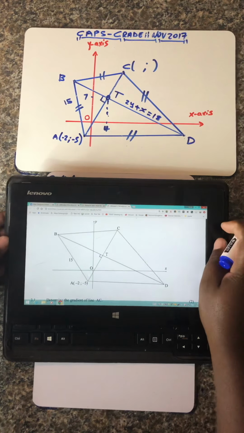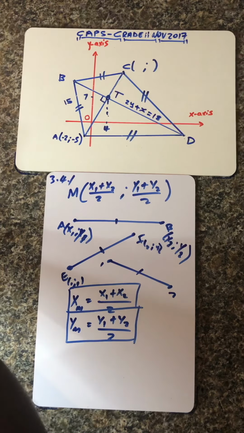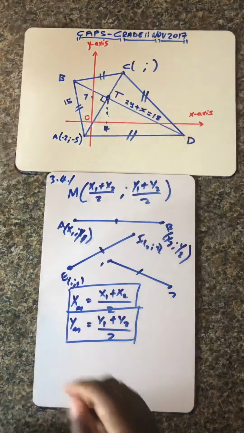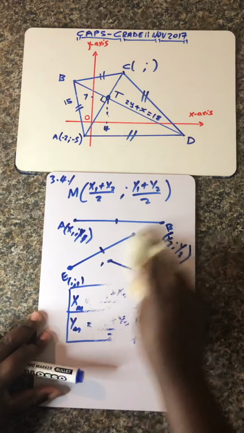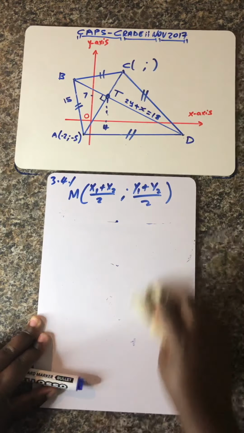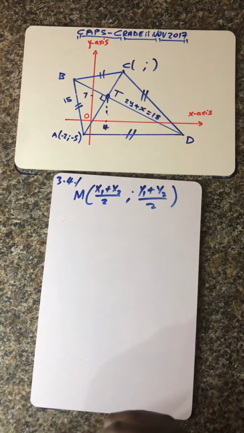So let me only emphasize what the question wants. I'll just wipe all of these, and quickly show you how you calculate the coordinates of C.